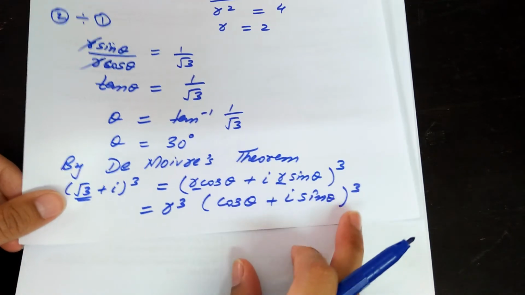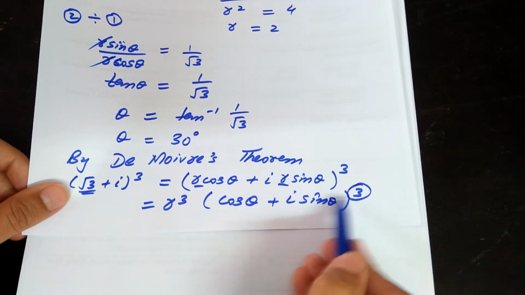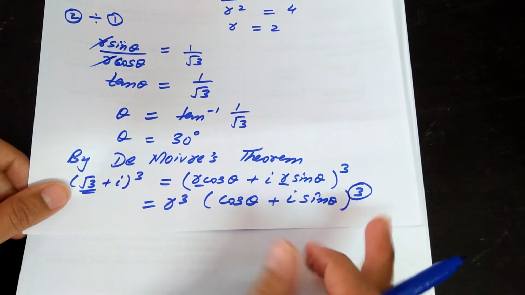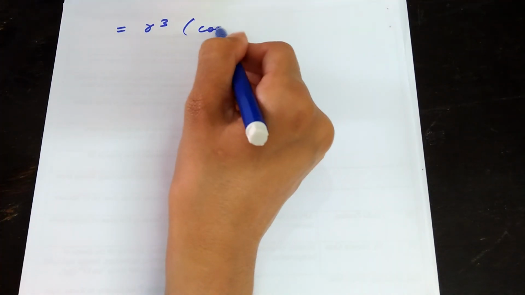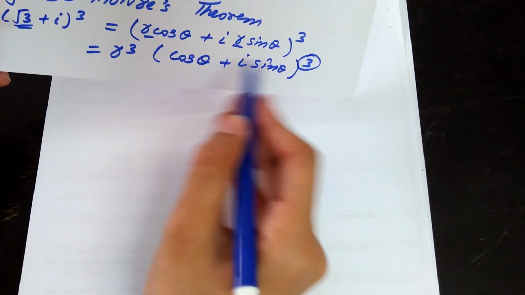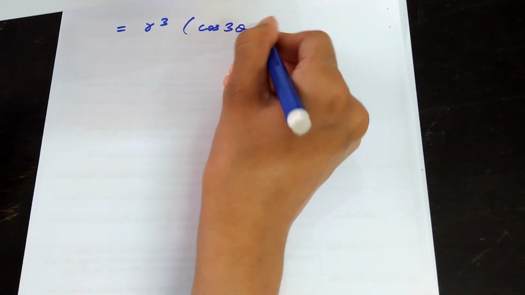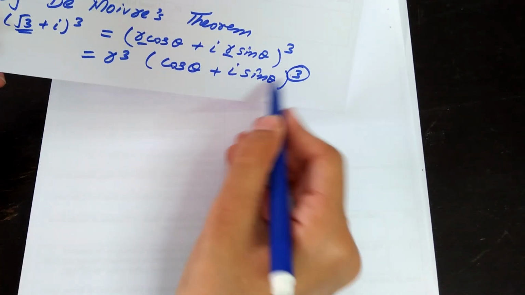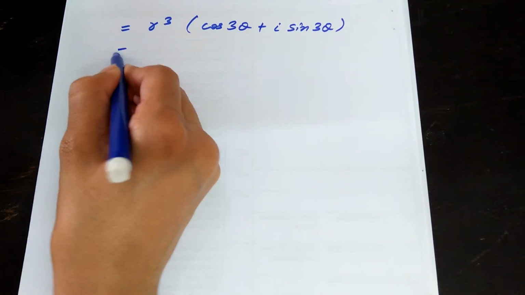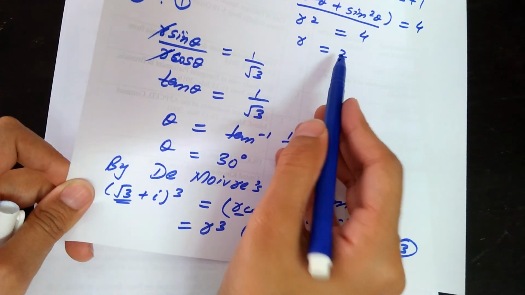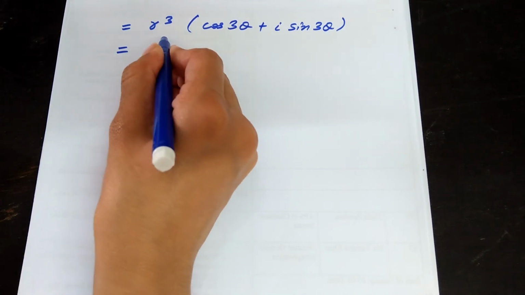Now, using De Moivre's theorem, the power can be brought down with this angle, and the power will be finished from here. So it will become r cube times cos 3 theta plus iota sine 3 theta. This is De Moivre's theorem. Now what was our r? We calculated r before, that is 2. It becomes 2 cube.